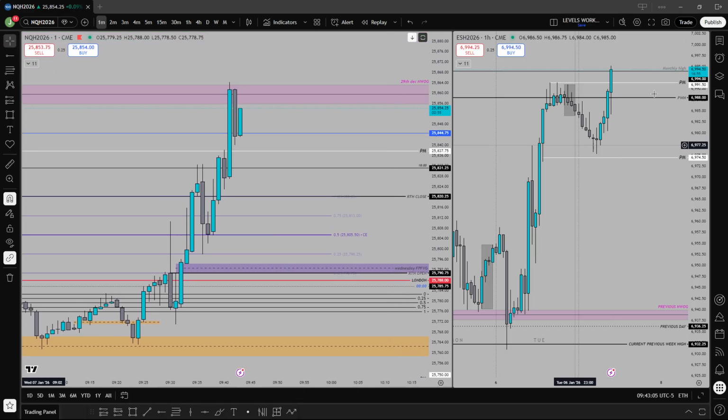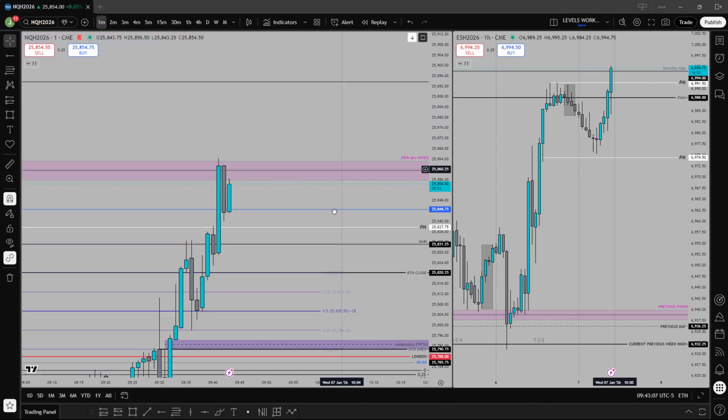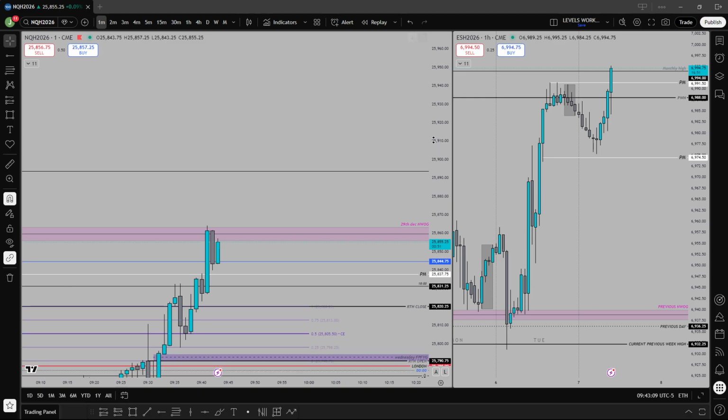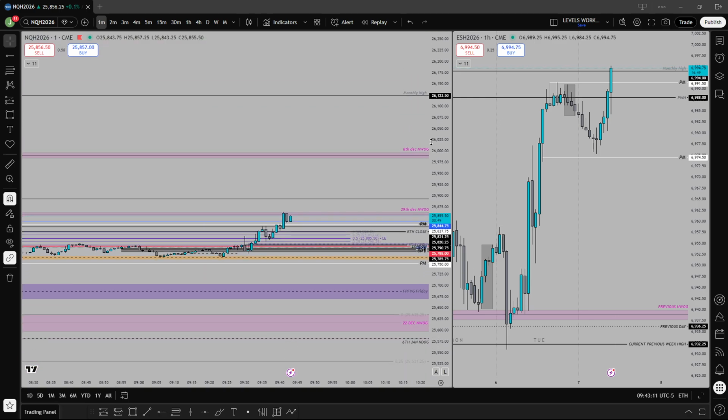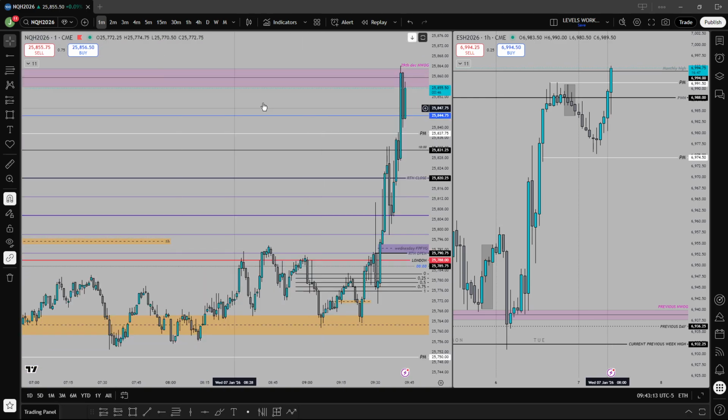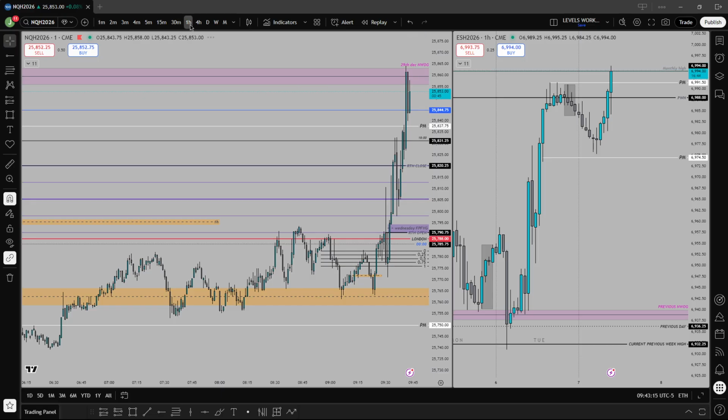So we have tapped the monthly high on ES. For NQ, the monthly high is pretty far away.